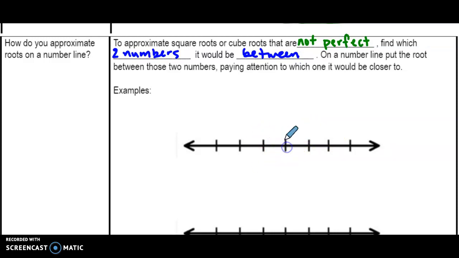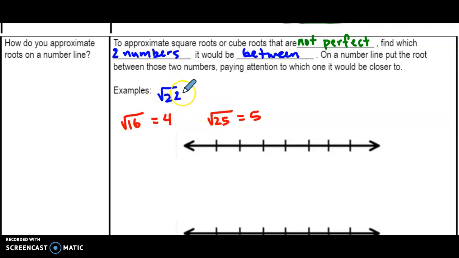So if I have the square root of 22, well, the square root of 16 is 4, and the square root of 25 is 5, and we know 22 is between 16 and 25.